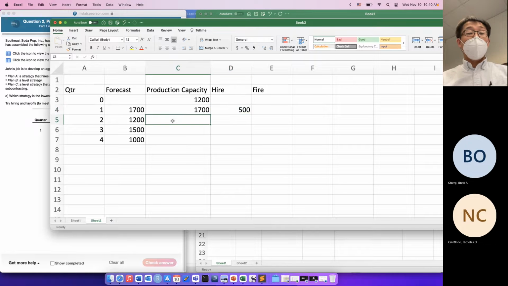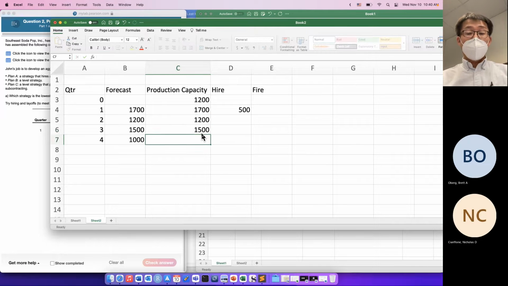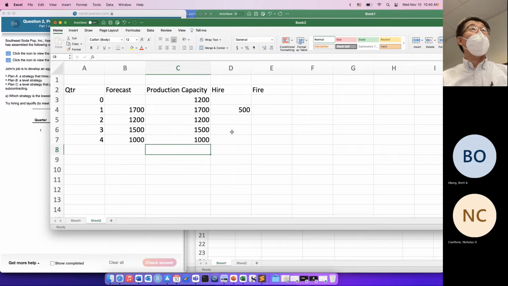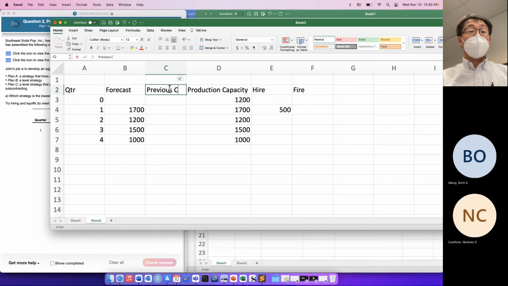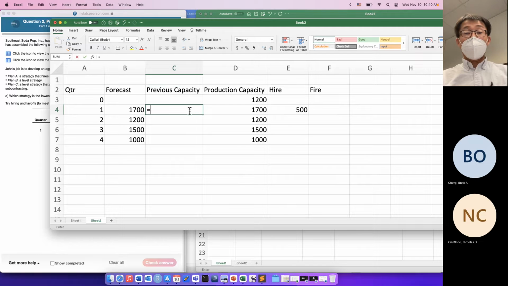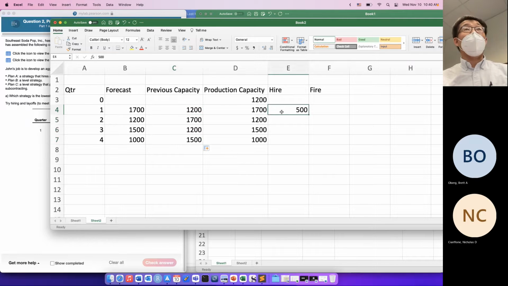Here, capacity must meet 1200, 1500, 1000, and then you look at this difference. To make it a little easier, I'll do this, previous capacity. This probably will make your thinking process more clear. Previous capacity, you need to hire 500. Previous capacity 1700.